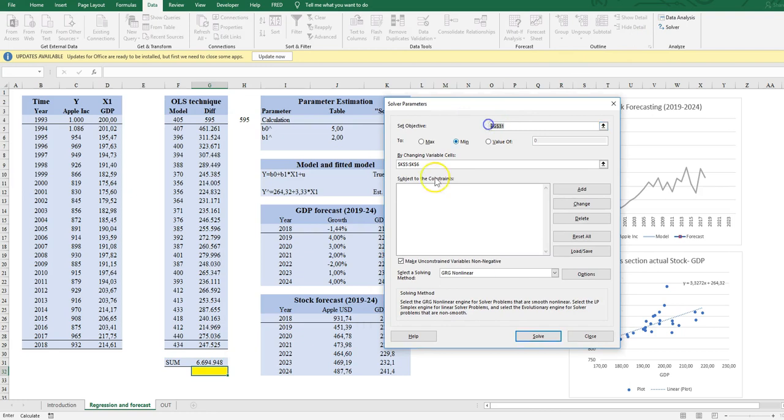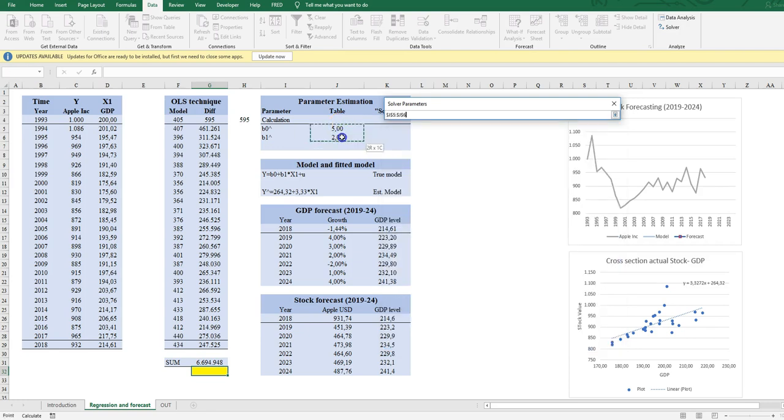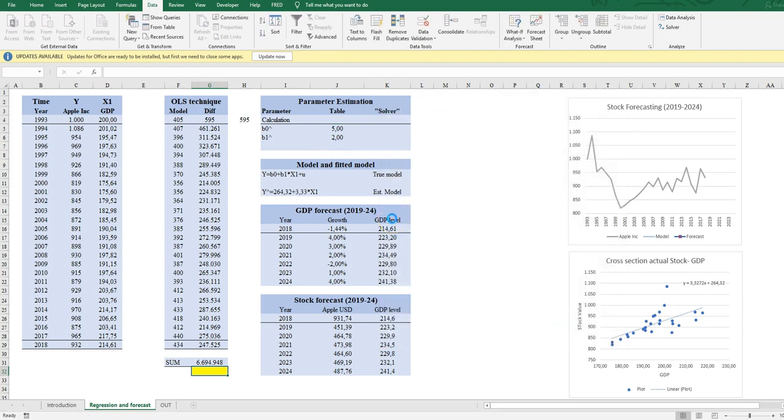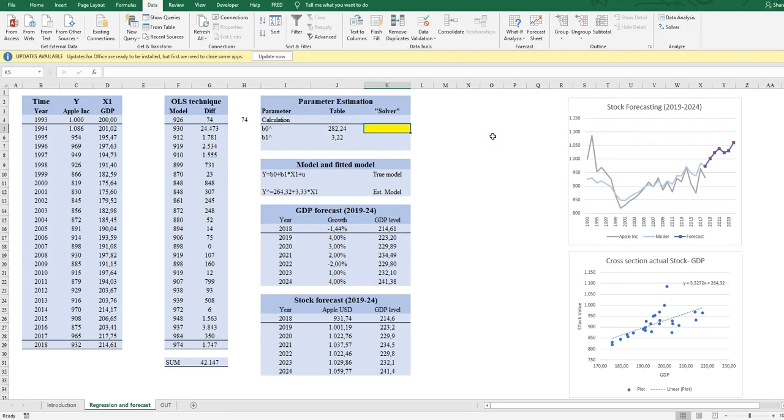So here I will set my objective function, which is the sum of squared residuals as it's called, and we will minimize by changing these two variables. We have no constraints on the parameters, that they should be positive or negative or other sizes, so we'll try. And here was the solution.